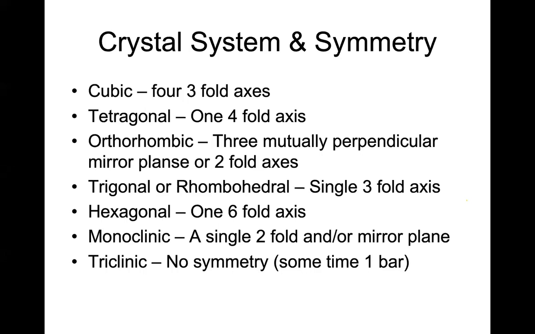In triclinic, no symmetry, sometimes just 1 bar, that is center of inversion. So these are the important symmetries to identify your crystal system. If you know that there is only one four-fold axis, you can clearly say that this system is tetragonal. Like that, if you have one six-fold axis, you can say this system is hexagonal.